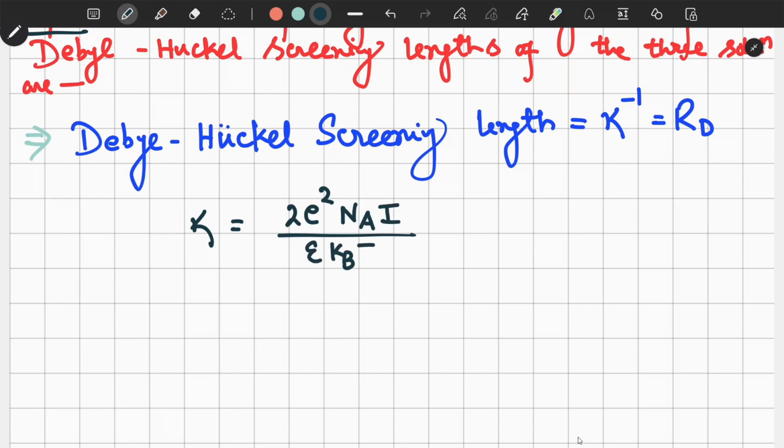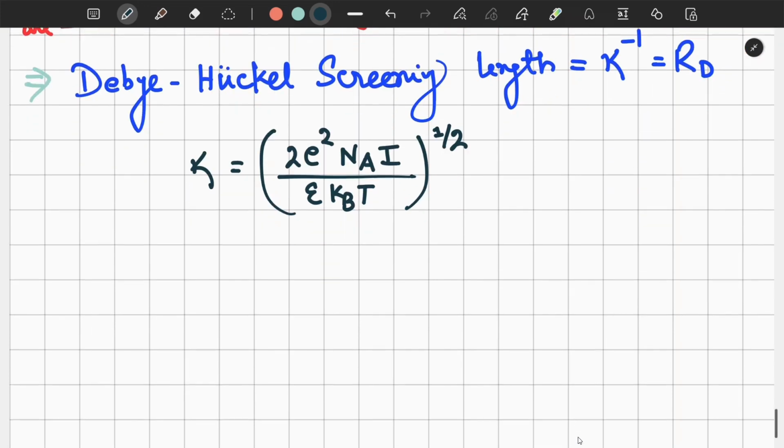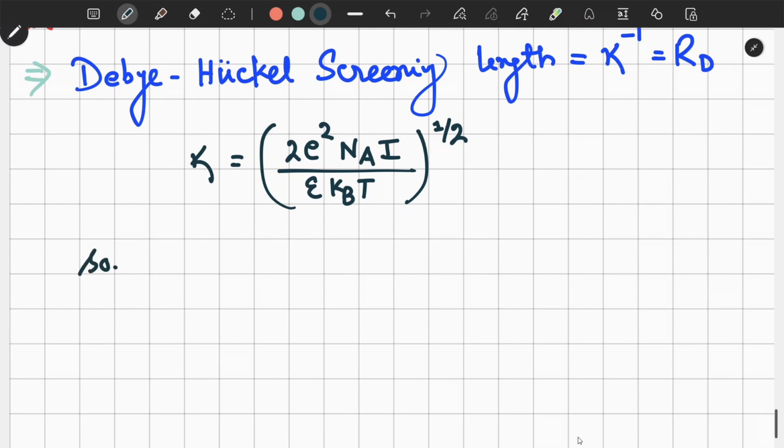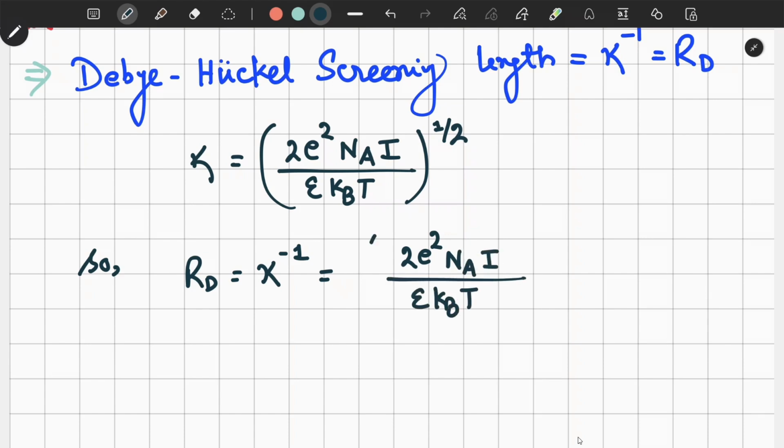You have already seen this form in the form of A and B, right? So it is actually coming from there. This is kappa. So what will be the RD? That is kappa inverse, which will be 2 square NAI divided by epsilon kBT to the power minus half.